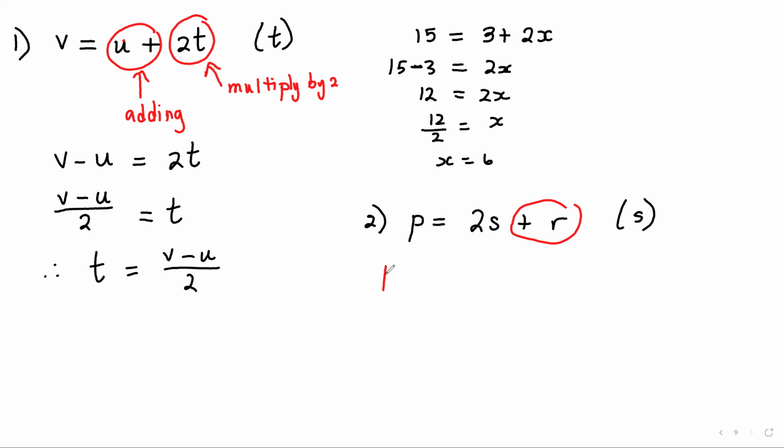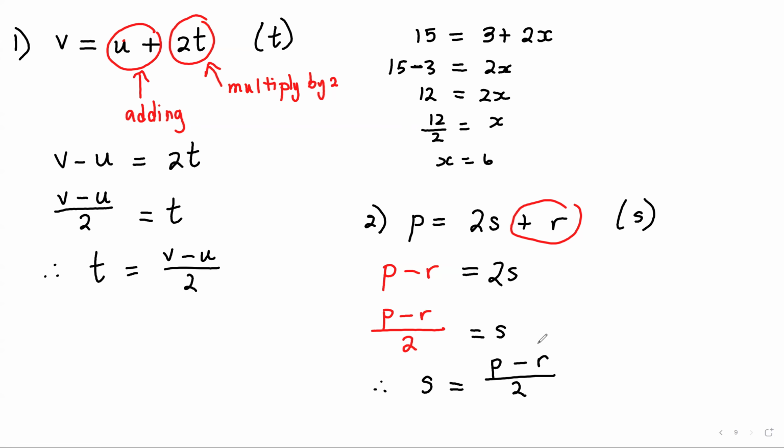So it will be P take away r. That's going to give me 2s. And then, to get 2s, I would have had to multiply by 2. So in order to get rid of a coefficient, you divide by that coefficient. So P minus r divided by 2 is equal to s. And here, s is the subject of the formula. So s is equal to P minus r over 2.